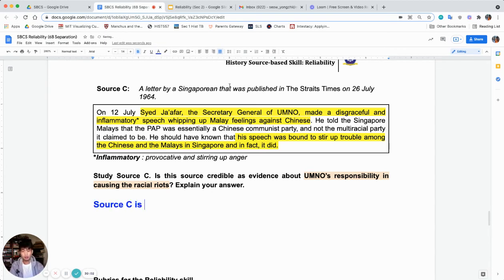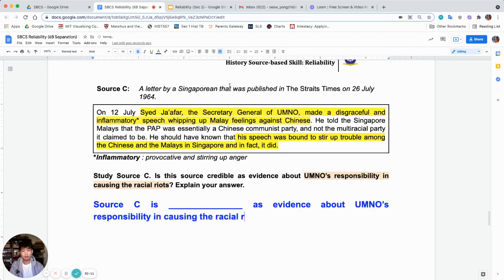Source C is, when you decide credible or not credible, as evidence about UMNO's responsibility in causing the racial riots.